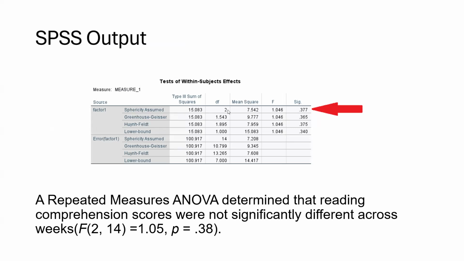And then our same values: degrees of freedom, F value, and significance. All right, so just make sure that you write up your findings in the appropriate APA format. Make sure you refer back to whatever your experimental question was.